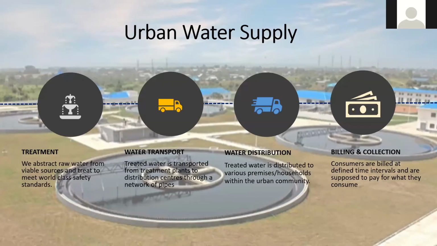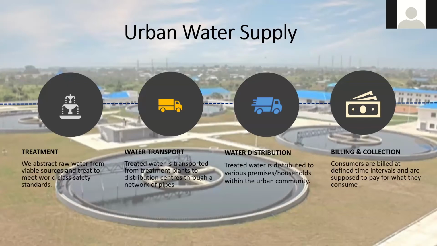So, a brief about Ghana Water Company. We are a utility company, and we are solely owned by the state. Our mandate as a company is to provide potable water to the urban community.